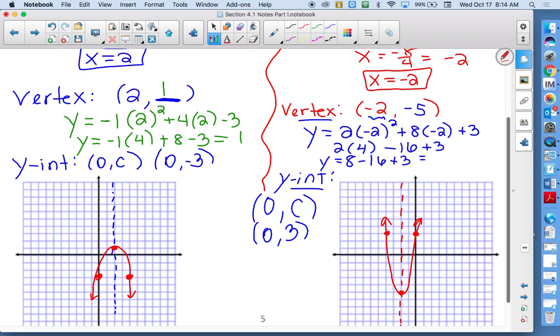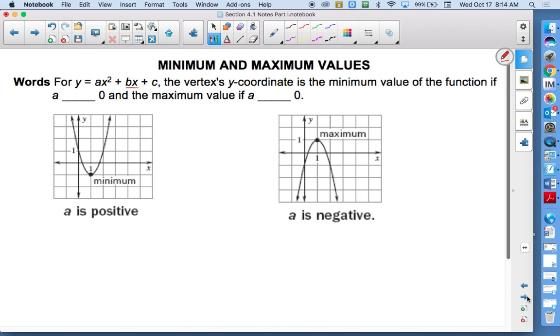So there is just another example on the top of the next page, if you flip that over. It talks about that min and max value that we defined on the bottom of the first page. So we have ax squared plus bx plus c.